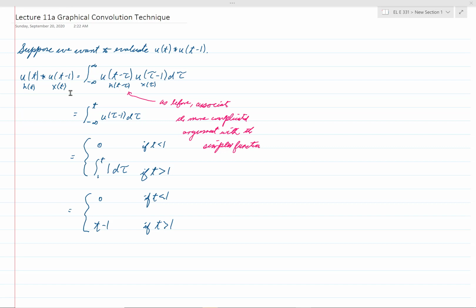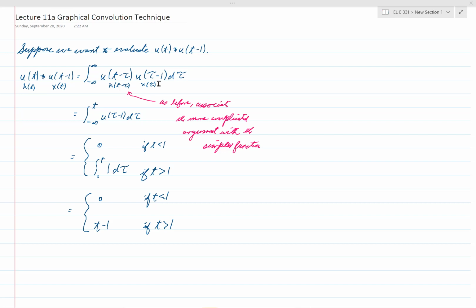What I have suggested before is that you choose the form that associates the more complicated argument, that is the t minus tau argument, with the simpler function. So in this case, if we define h to be u of t and x to be u of t minus 1, then h of t is slightly simpler than x of t, and so I would use the form h of t minus tau and x of tau.